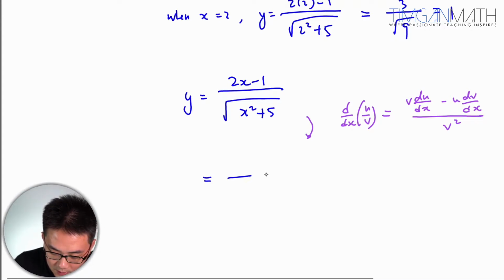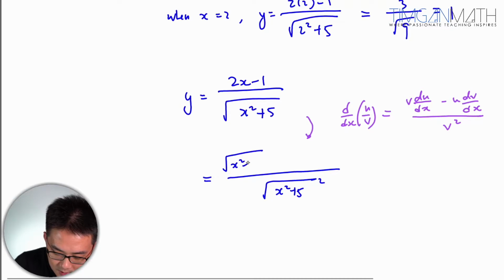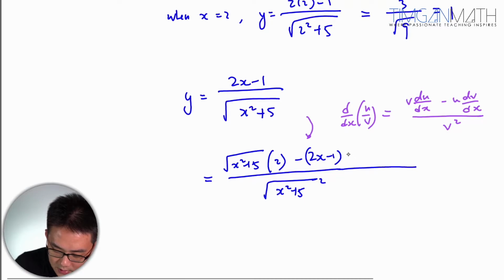So the denominator will be root x squared plus 5, squared, and v is x squared plus 5, du/dx will just be 2, minus u, which is 2x minus 1, times dv/dx, which is half x squared plus 5 minus half 2x.